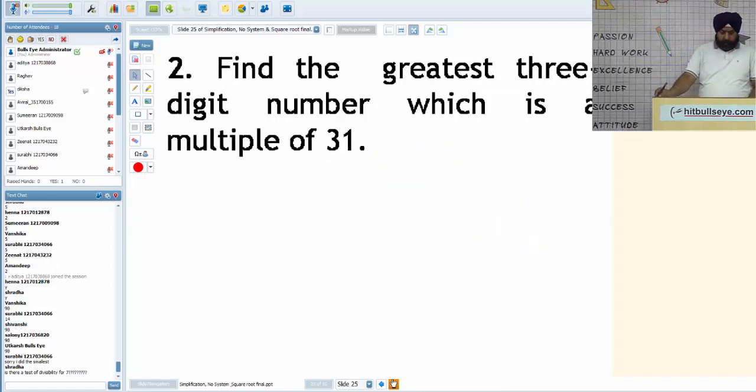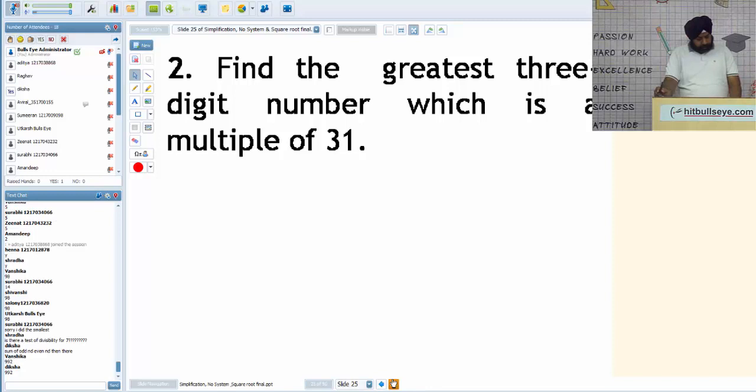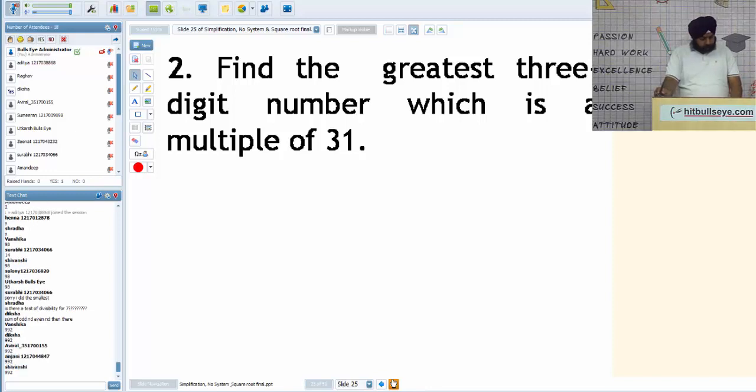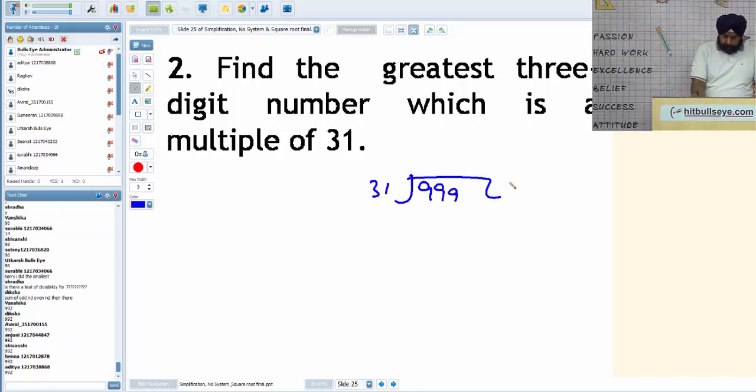Find the greatest three-digit number which is a multiple of 31. Very quick, 992. Diksha 992, Shivanshi 992, Anjani 992. Absolutely, all of you are correct. 999 divided by 31: 31 threes are 93, remainder 6, then 31 twos are 62, so the remainder is 7.